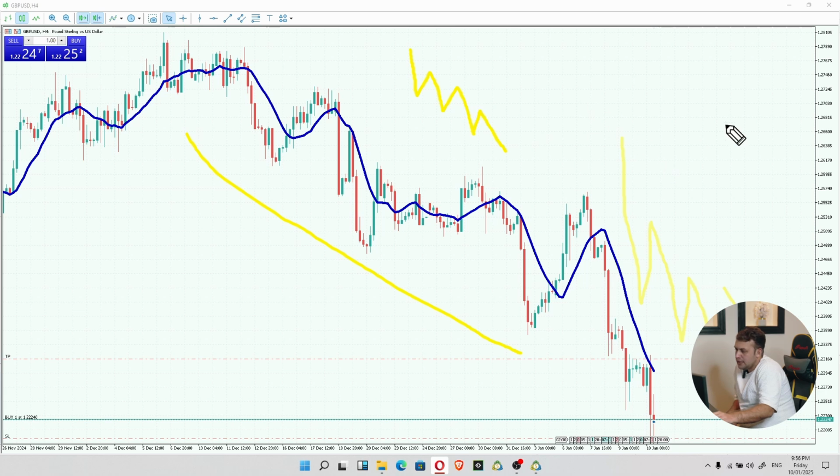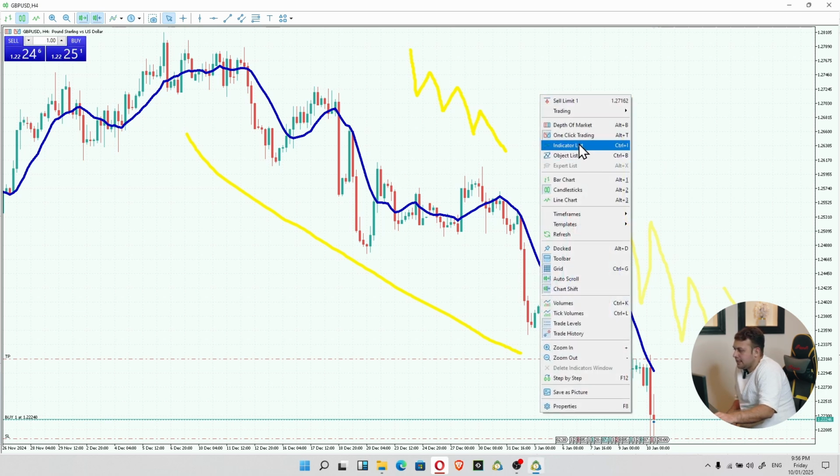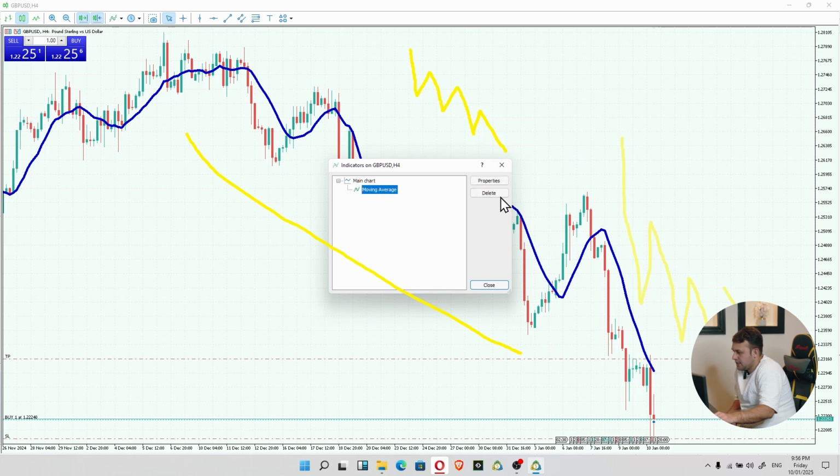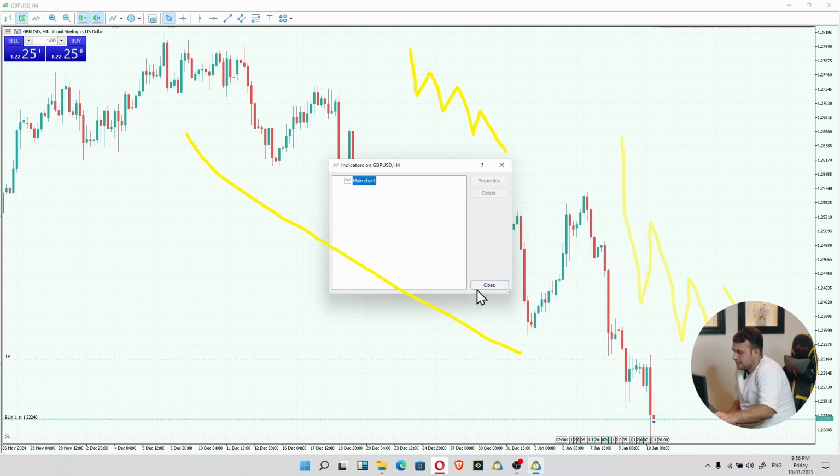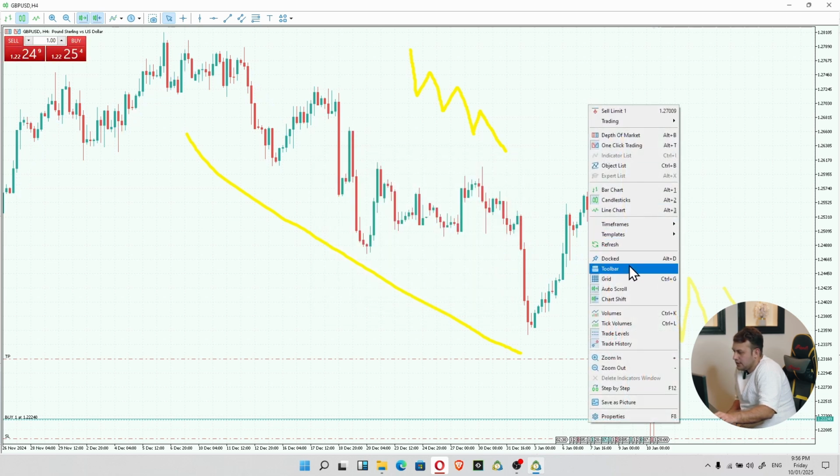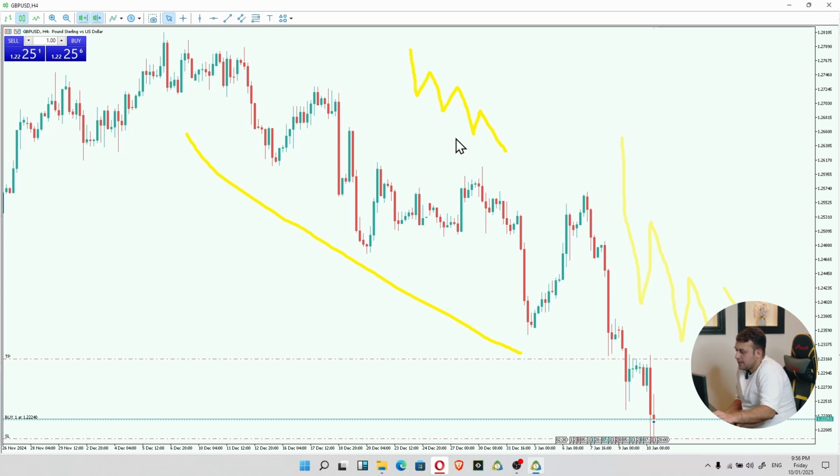We use different tools. For example, if I clear the chart, you will easily see here that the market is moving down. The first part of any technical analysis is finding the trend.